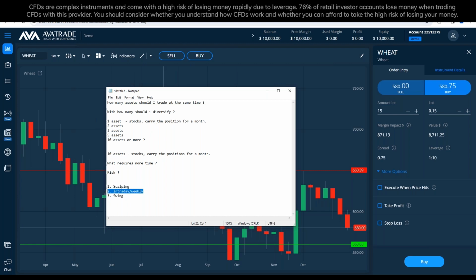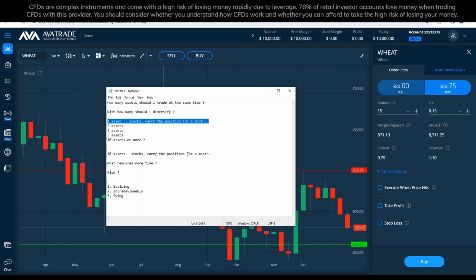Now, on weekly and swing, there is no obligation for me to trade more than a single asset. I can just hold a position with the stock that I like, or a commodity, or a currency, or whatever I want. There is no obligation on my end as a trader to take more than a single asset. But why?